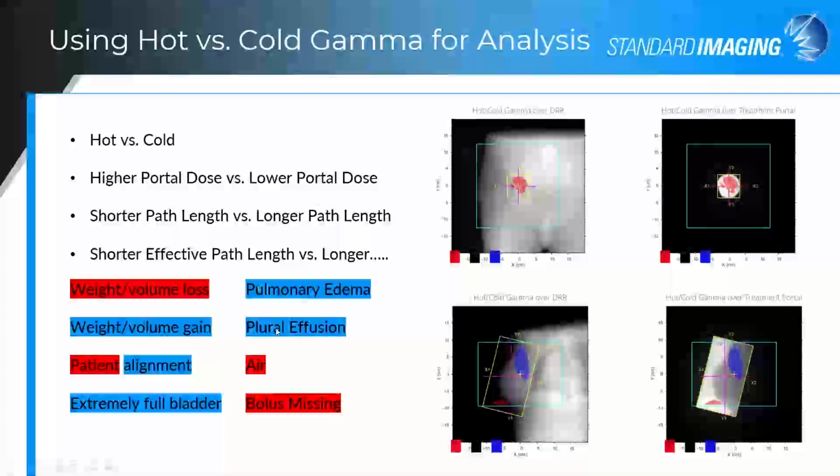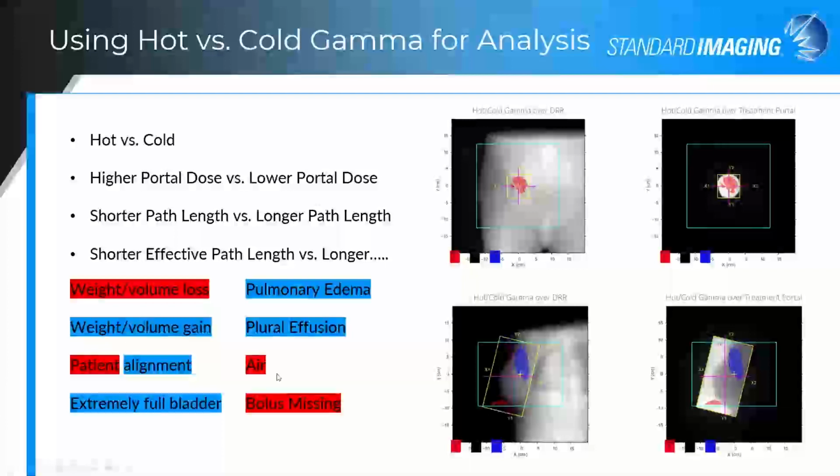And then if we were looking at lungs, and just think fluid, we can't necessarily detect pulmonary edema, but pulmonary edema is one of those things. If it happens between the time of simulation and the course of your treatment, you get fluid in the lungs, you're going to get essentially a cold signal. Same thing would be for a pleural effusion, where you're getting fluid around that chest cavity.